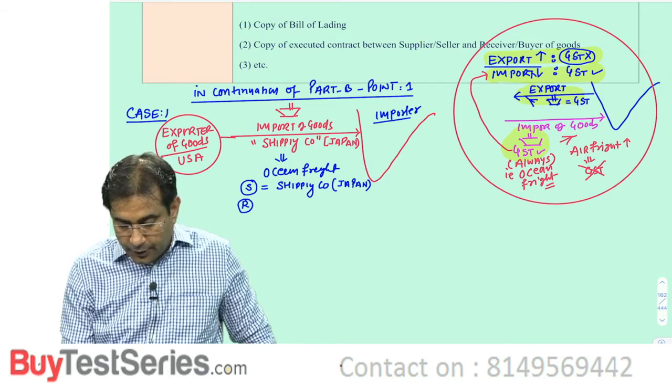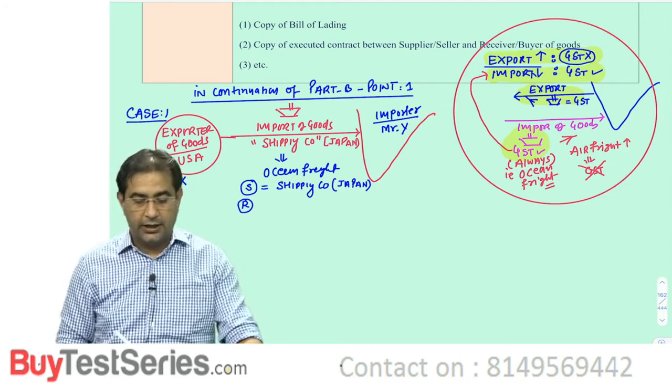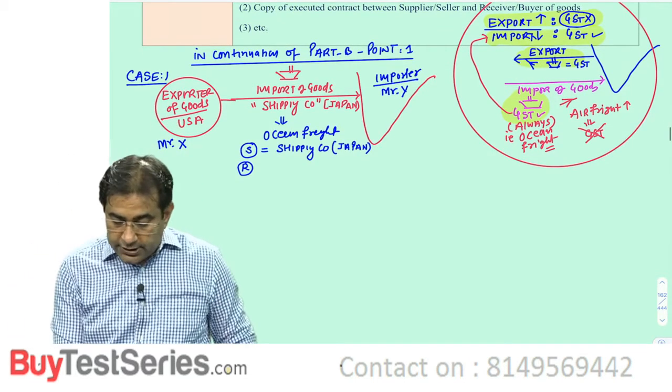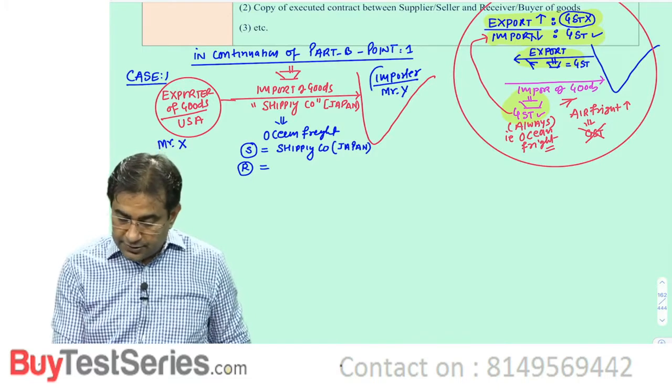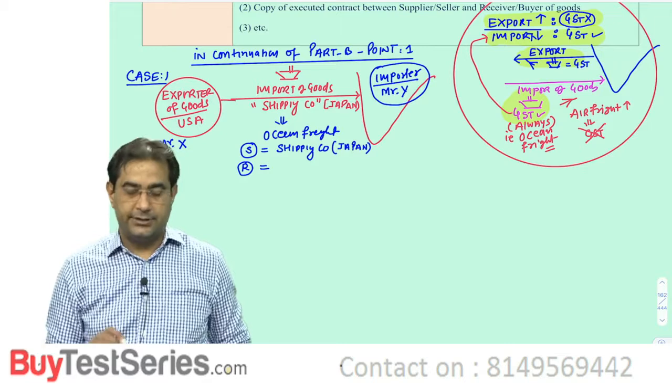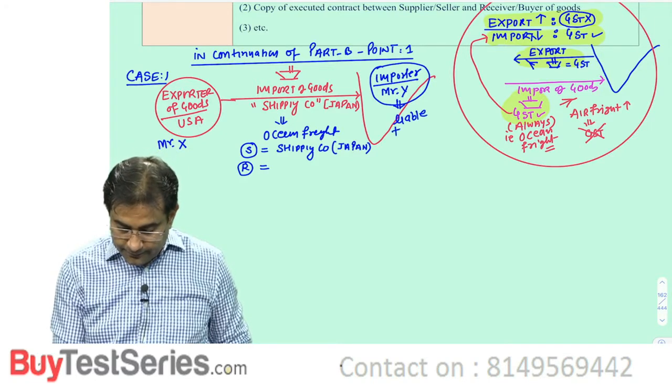Here is the importer party, namely suppose Y, and the name of the exporter is X. Now, who is the recipient in this situation? Suppose Mr. Y is liable to pay freight in this situation.